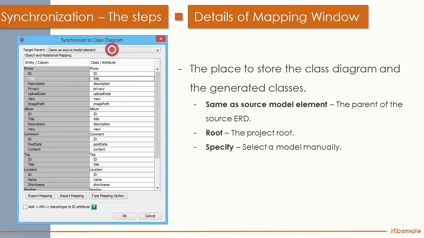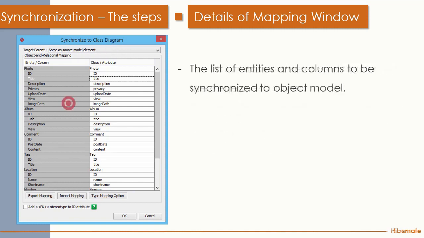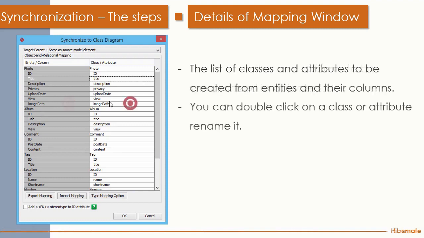So you can specify. The next option is a list of entities and columns that will be synchronized. On the left hand side are the table and column names. You see photo has an ID, title, description, etc. And on the right hand side are the classes and attributes that we will generate.